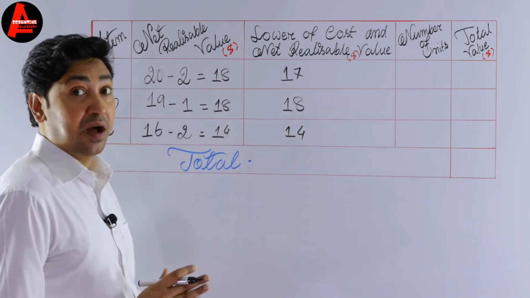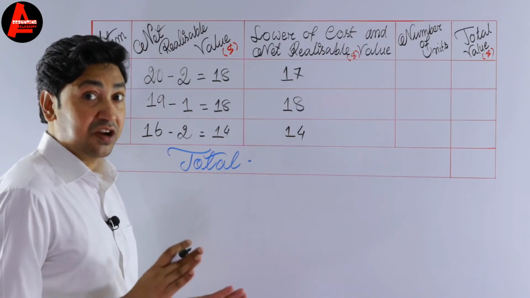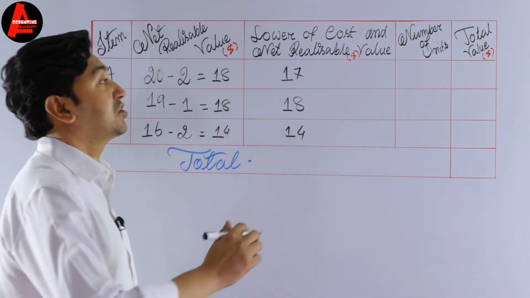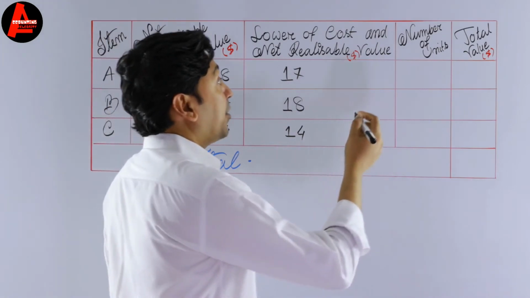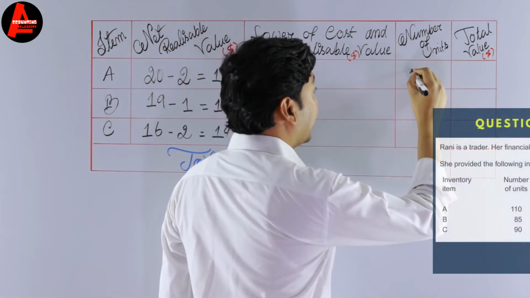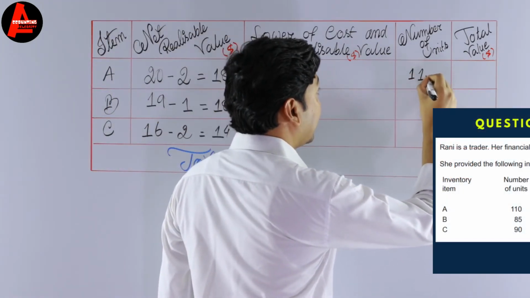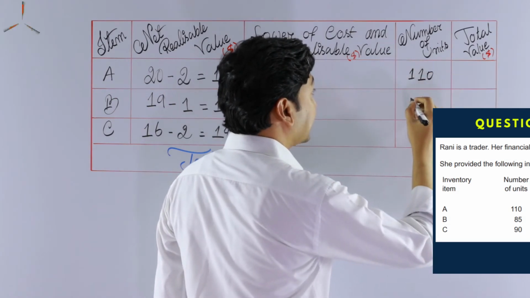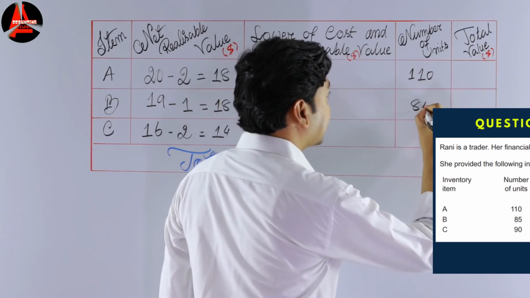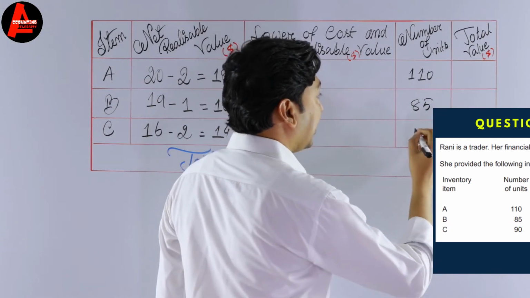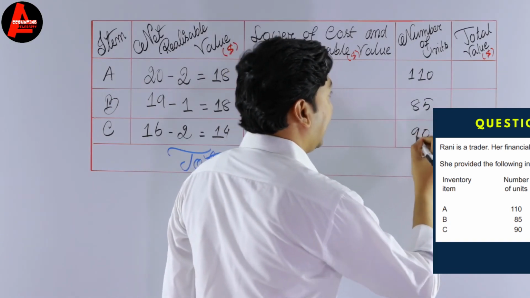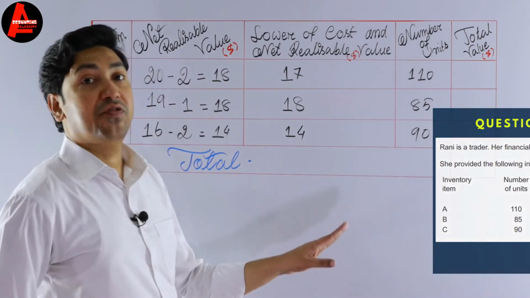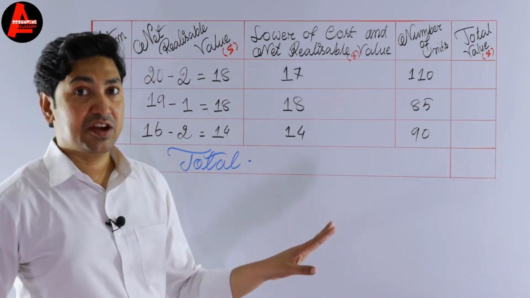We have to write the number of units given in the question. For A, number of units is 110. For B, it is 85 units. For C, it is 90 units. This number of units must be given in the question.